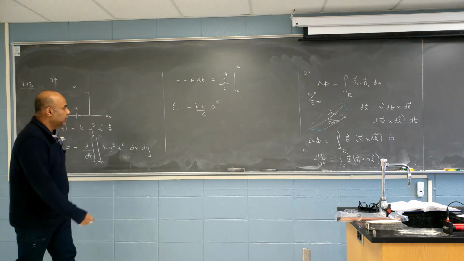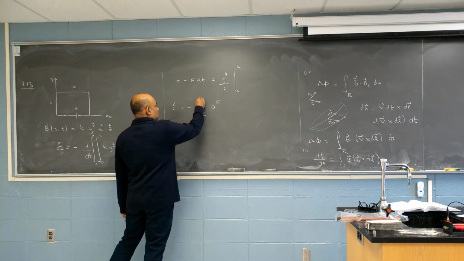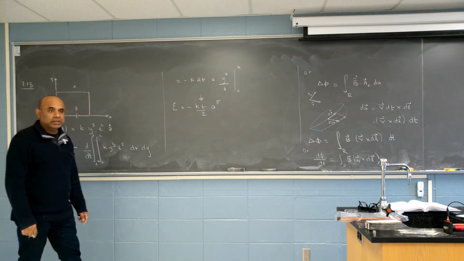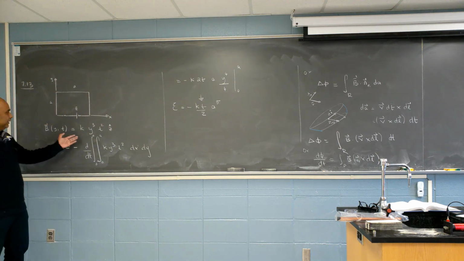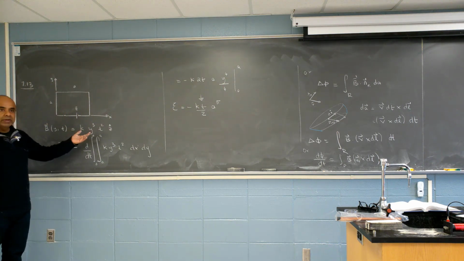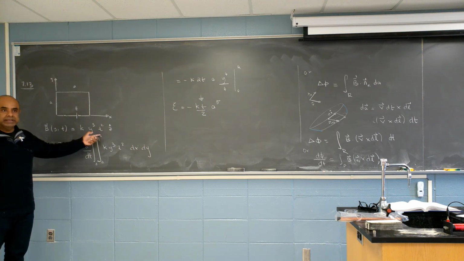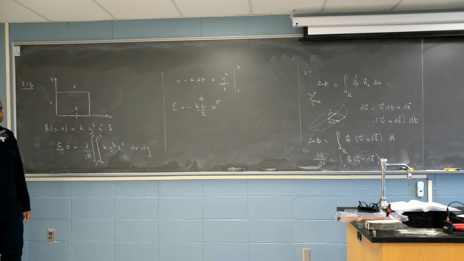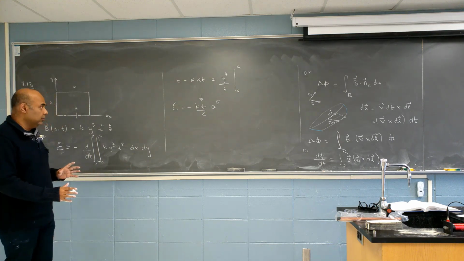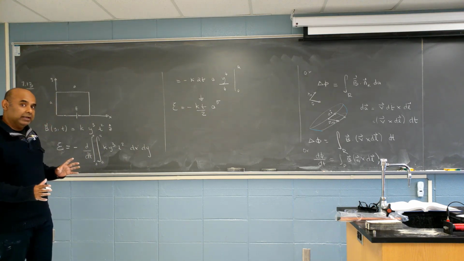And it depends, the EMF keeps increasing with time. Of course, the intensity in any real circumstance is not going to increase as t squared forever. Otherwise, you'll get infinite voltage. Okay, so now we can modify the set of equations for E.